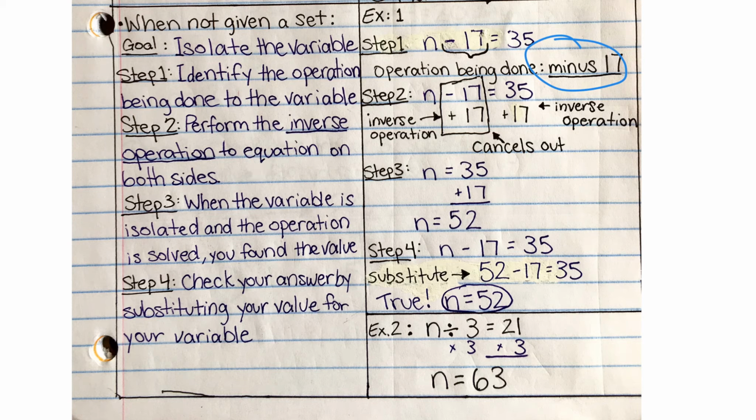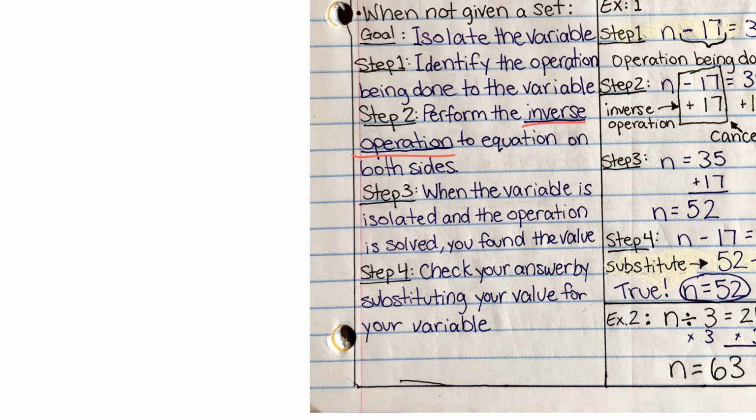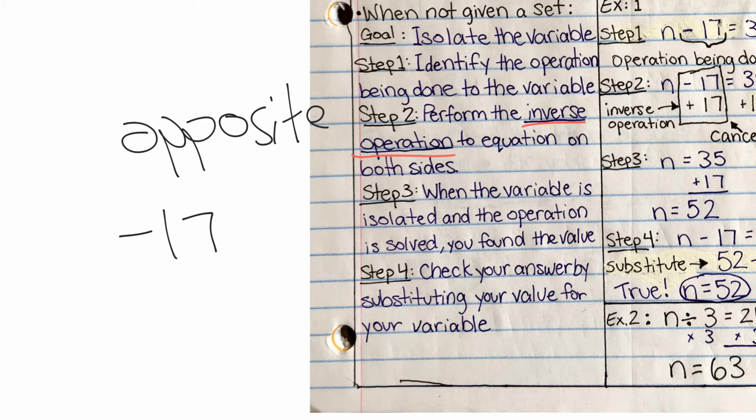Now I know that you've heard this term before, inverse operation. We've talked about it a lot. You're probably tired of hearing me talking about it, but inverse operation just means opposite operation, right? So if our operation being done is minus 17, what is the opposite of this minus sign? You guessed it, plus sign.